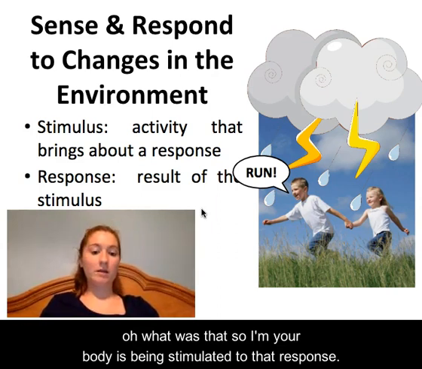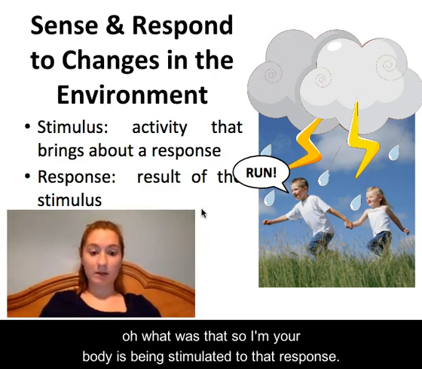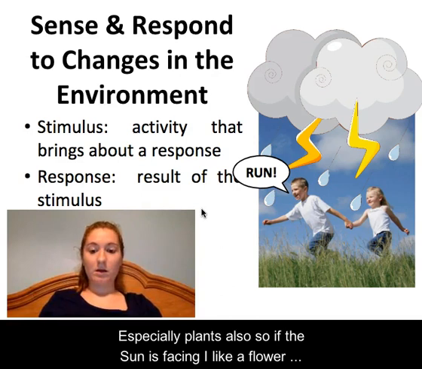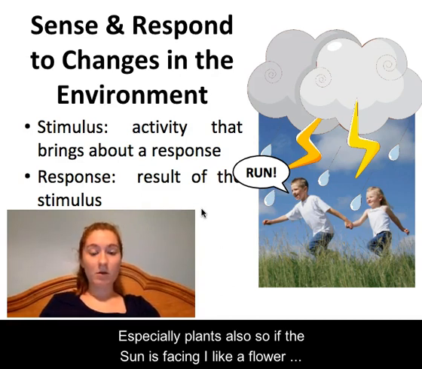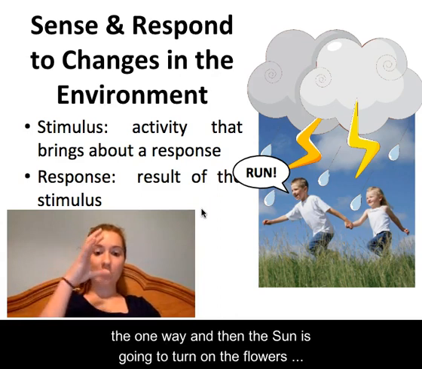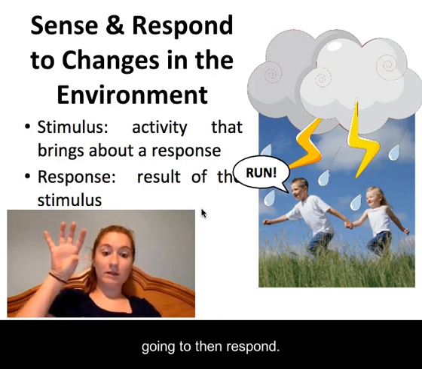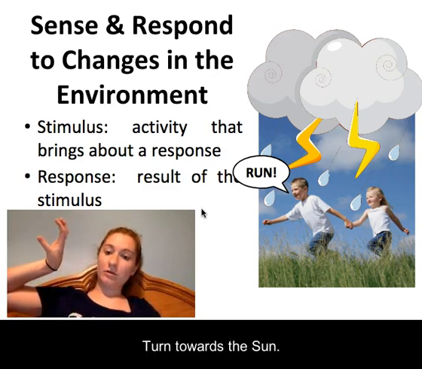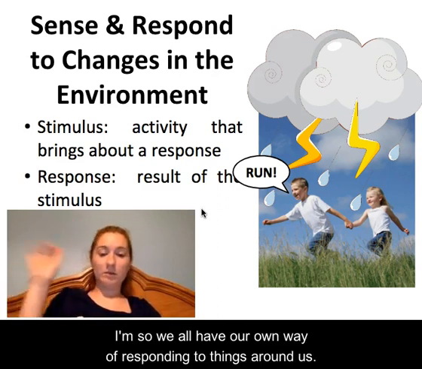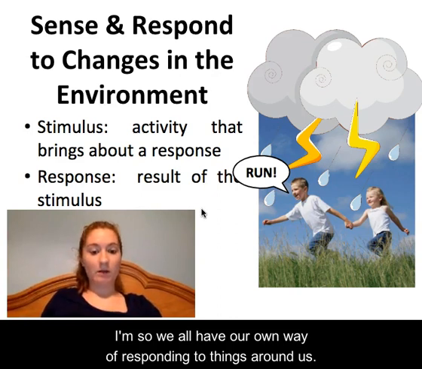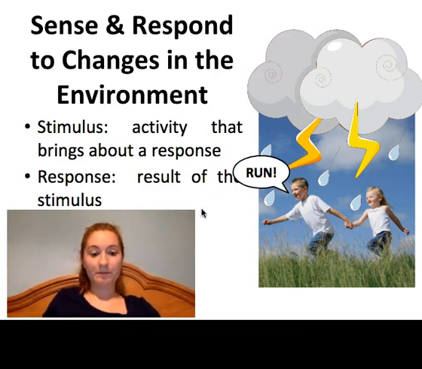So your body is being stimulated to that response, especially plants also. If the sun is facing a flower one way and then the sun is going to turn, the flower is going to then respond and turn towards the sunlight. So we all have our own way of responding to things around us.